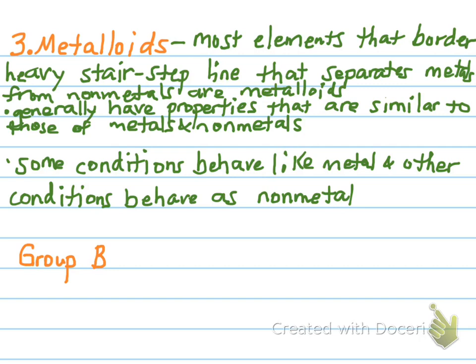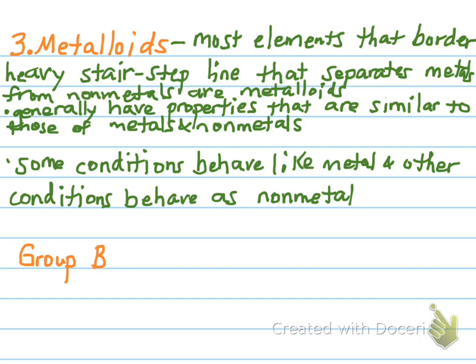Okay, so they don't follow that property of metals where they get hot, and so they're better for use with a Chromebook or a laptop or a computer or your phone that you're carrying around, because you don't want it to get so hot that it explodes or that you can't hold it any longer. So metalloids are used in electronic devices. Probably all of you own something that has metalloids in it.